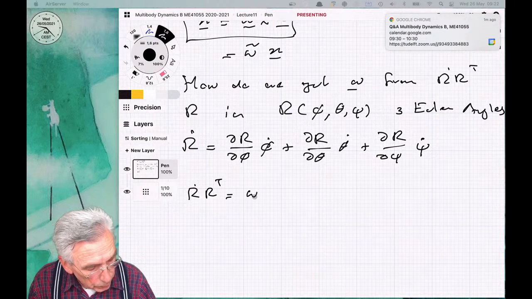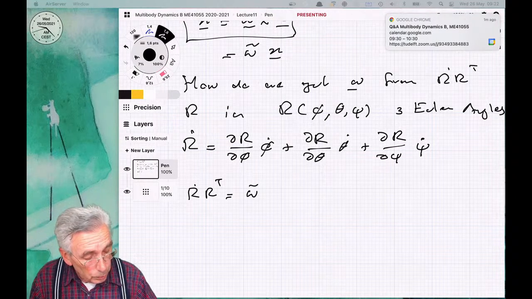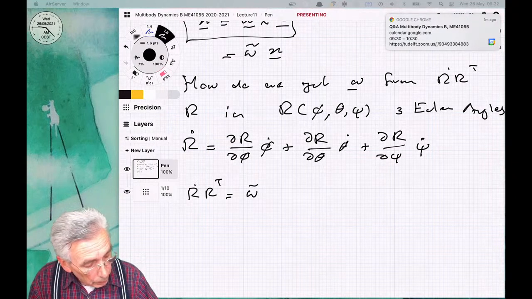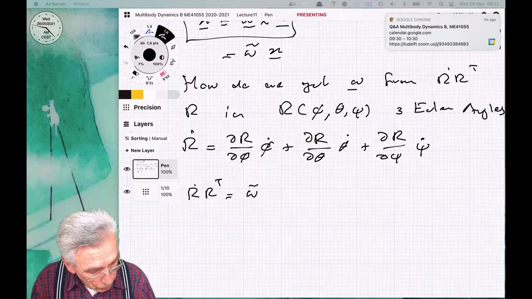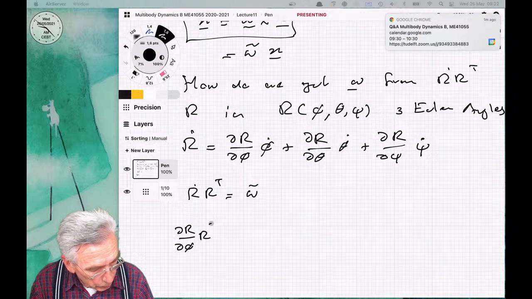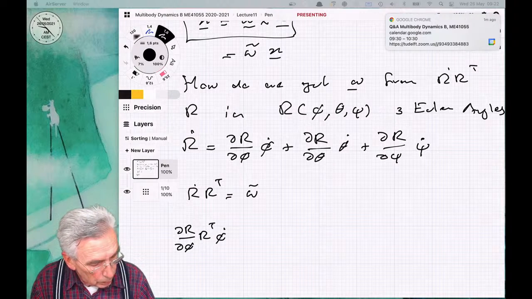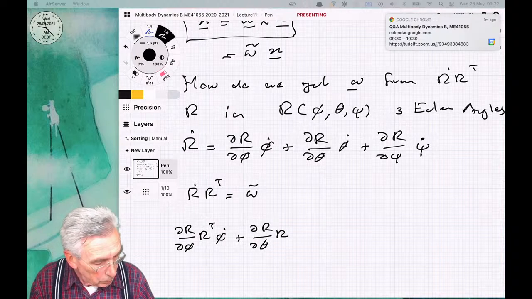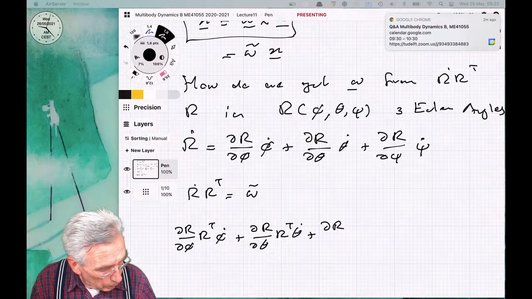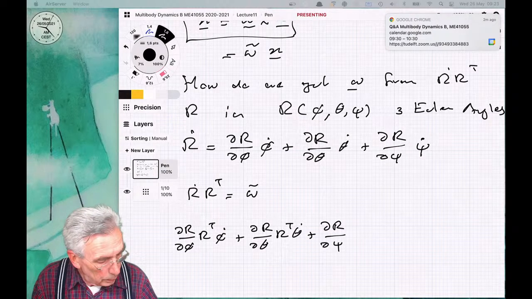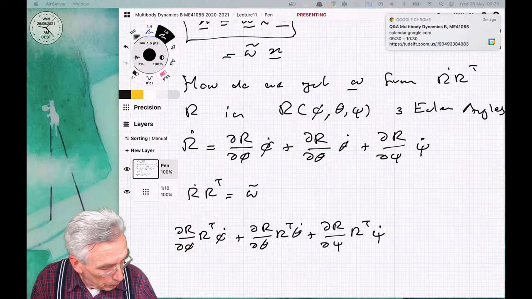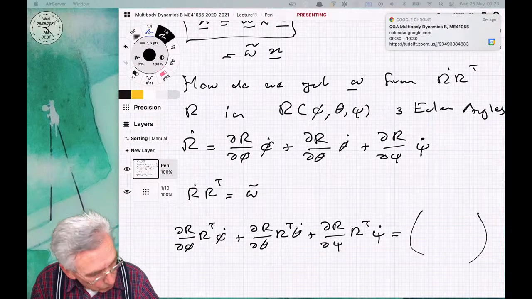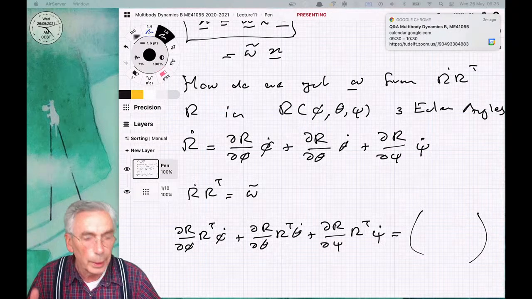omega matrix, right? So what I have to do is take this expression and multiply everything with R transpose. So I get dR d phi R transpose times phi dot plus dR d theta R transpose times theta dot plus dR d psi R transpose times psi dot equals, and maybe we write out the matrix to see what we are actually doing.